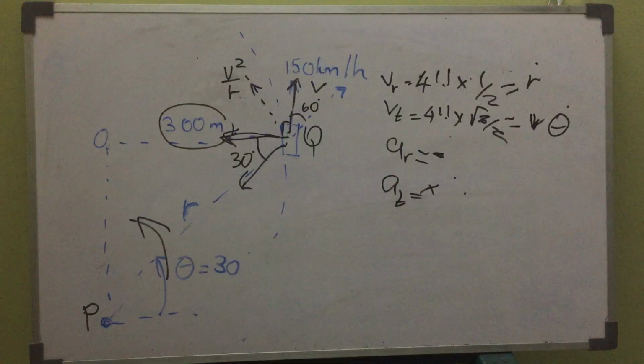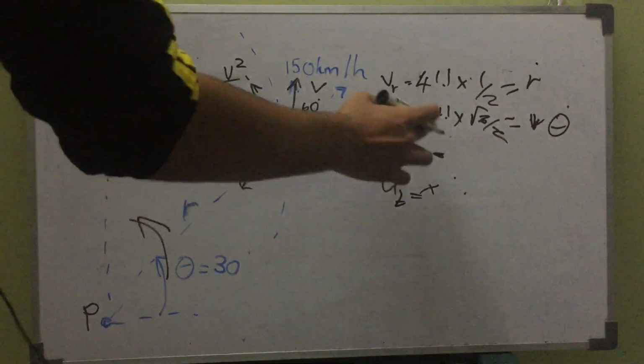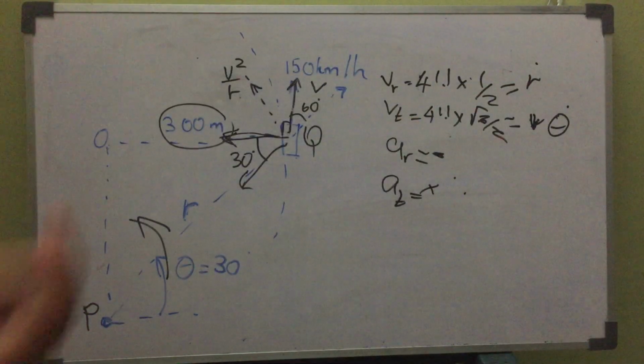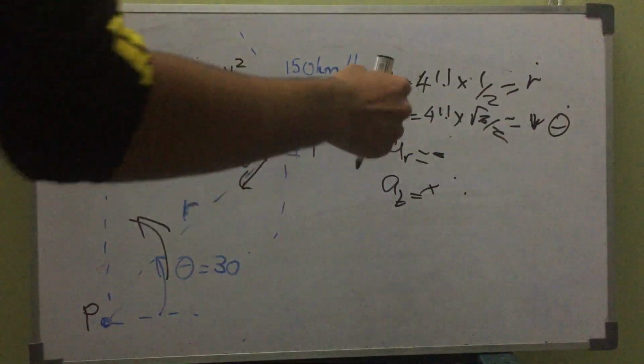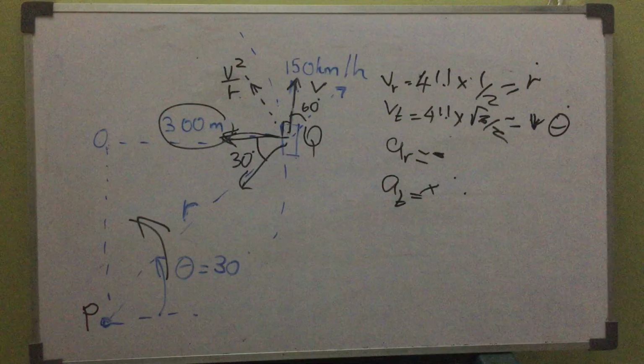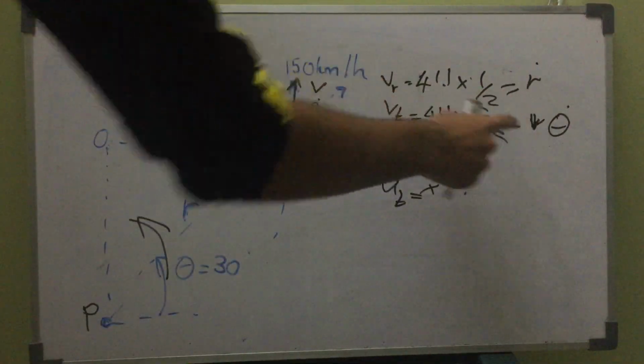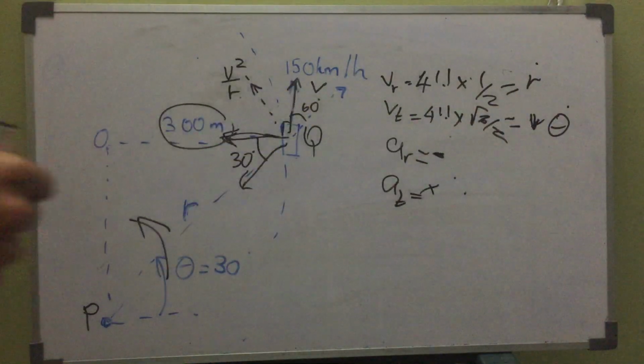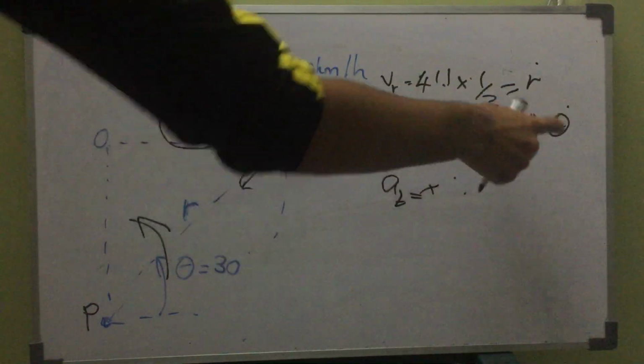So that's why I'm going to use this. So we have already found Vt, the transverse direction velocity, but we all know that Vt would be equal to r theta dot. From that we knew the value for r at the instant of theta equals 30 degree. From that you can find the value of omega by dividing this value by r.